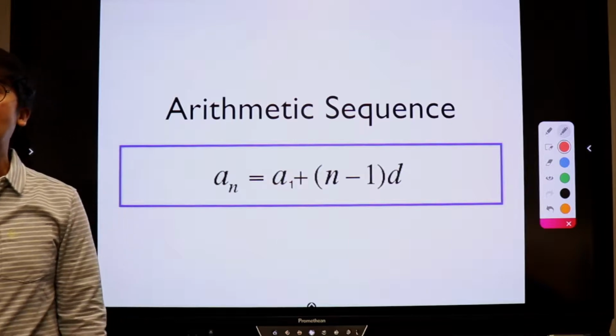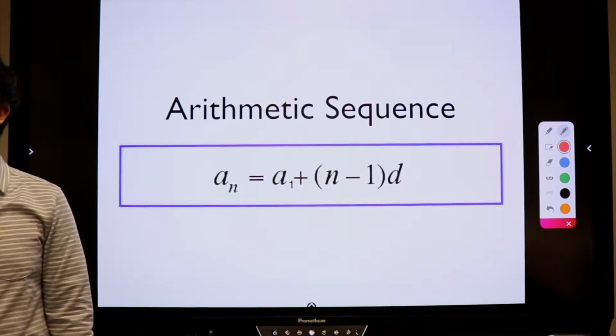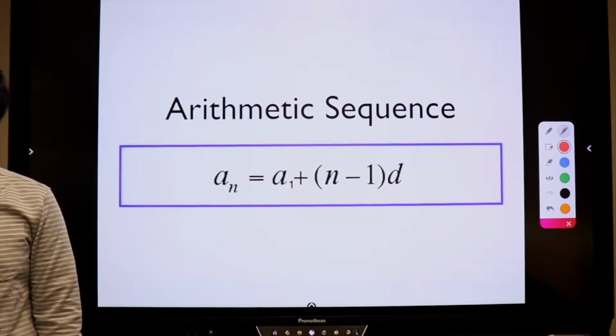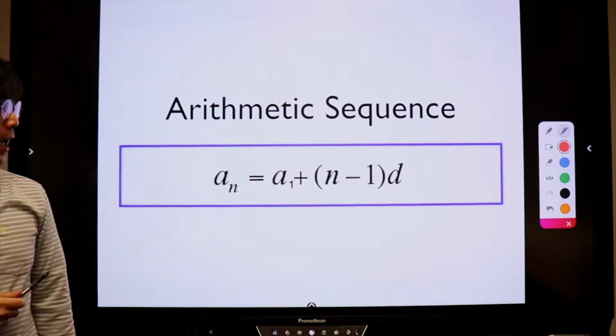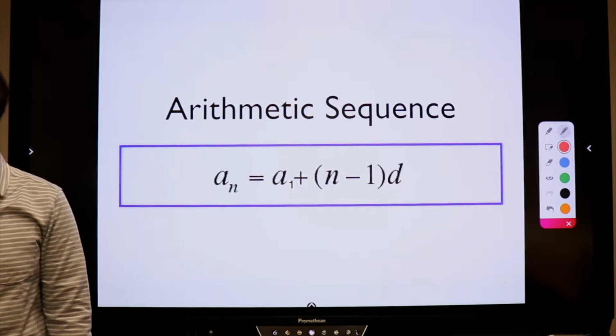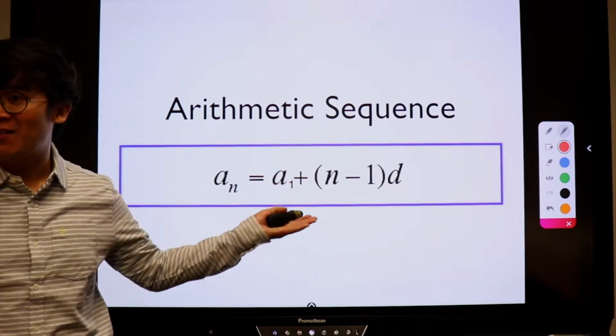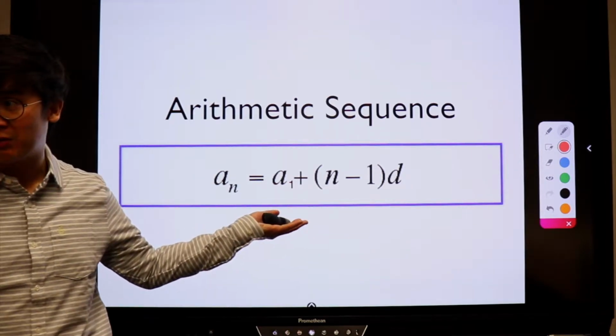Because we're now going to be producing a specific set of numbers called an arithmetic sequence. Now, as I've mentioned, math is a foreign language and you need to know how to read math. So let's read this because the formula is useless if you cannot read it.